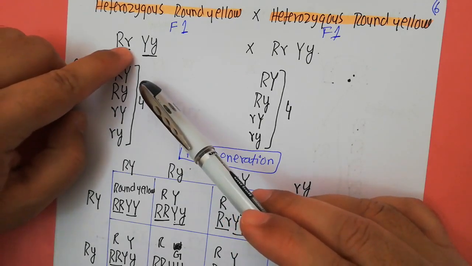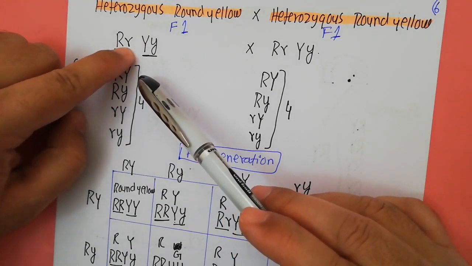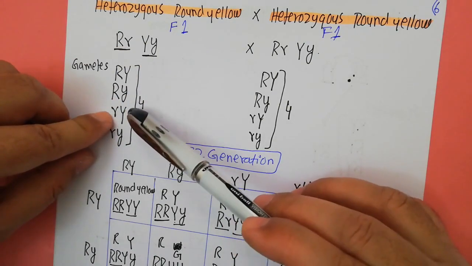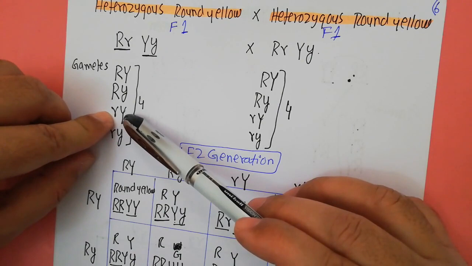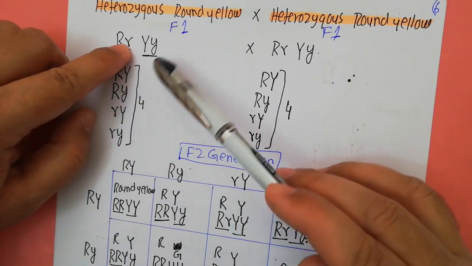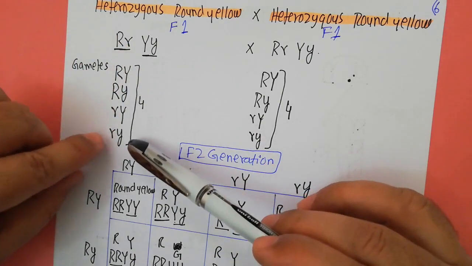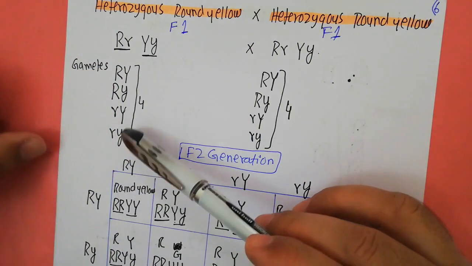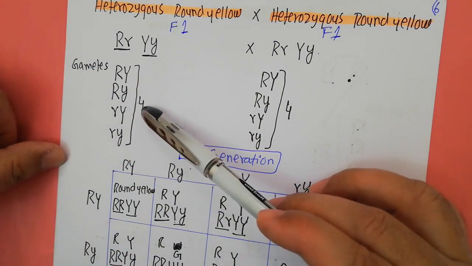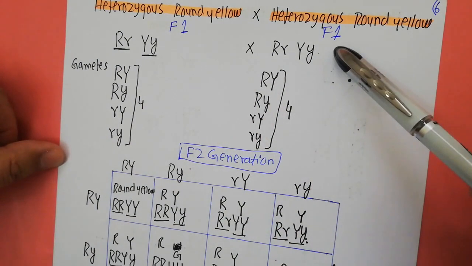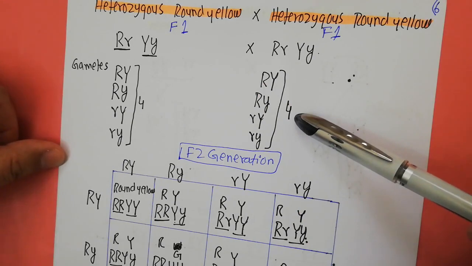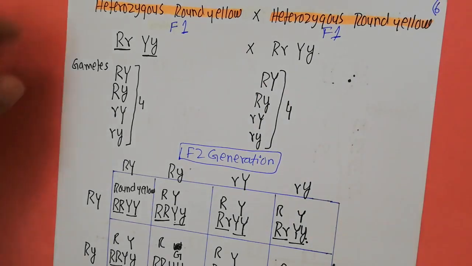Similarly, this small r can combine with the capital Y, giving you a gamete of the small r and the capital Y. But the small r can also combine with the small y, giving you a gamete of the small r and the small y. Now you are getting 4 different kinds of gametes. As the other parent is identical to the first parent, again you will get 4 kinds of gametes for the second parent as well.